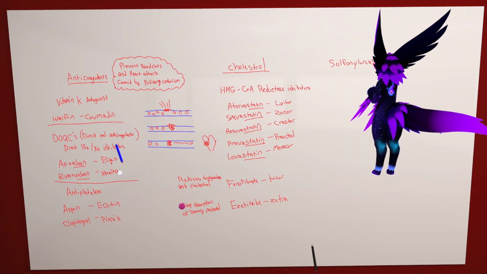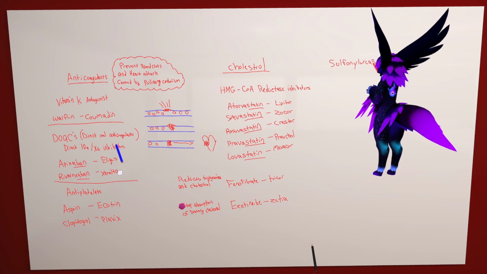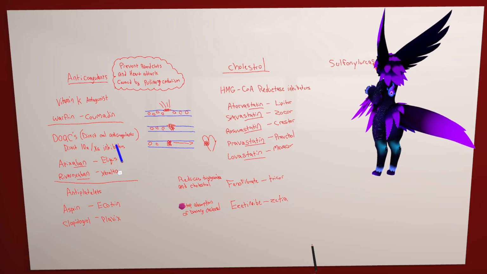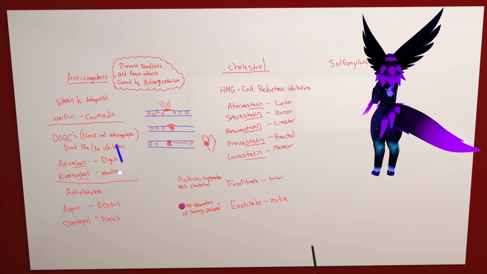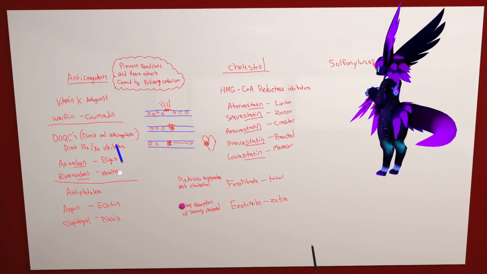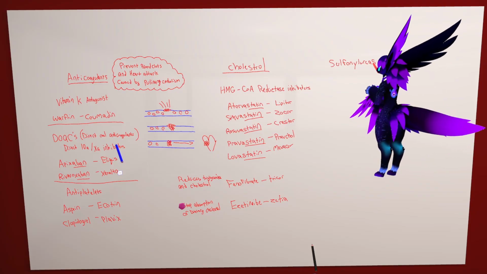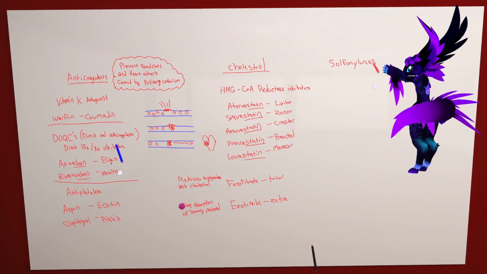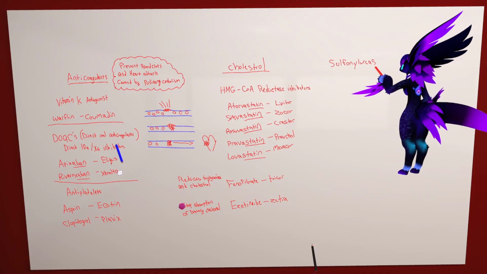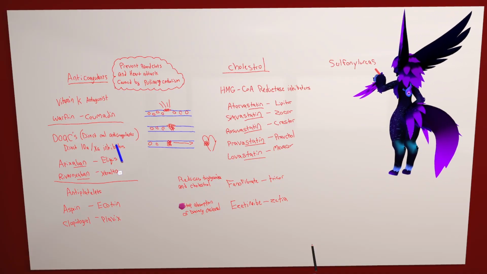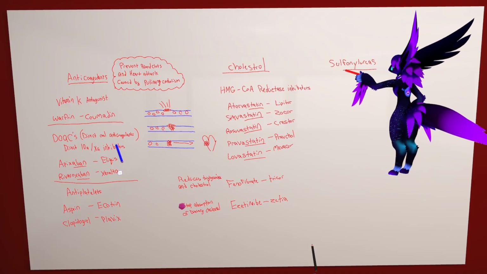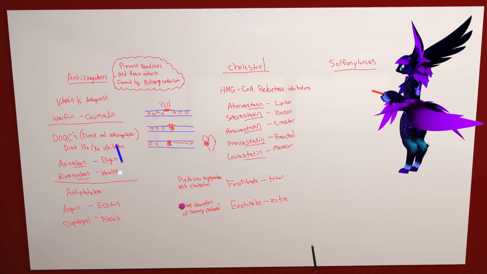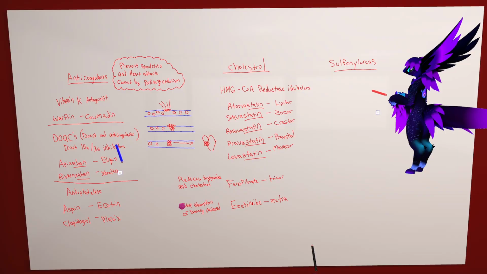I don't want to teach you guys wrong. So I'm gonna learn how to say this real quick. These are called sulfonylureas, spelled like that. And the sulfonylureas are pretty old.